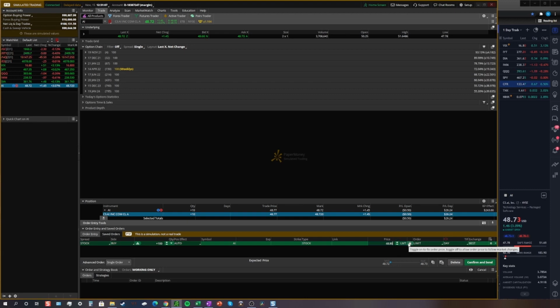If you unlock it, it'll just go back to the natural price down here, so you can actually see where your price is. If you click down here, you can move it around and put it on the price you want, like within the bid-ask range area. So that's the way you move around the price.